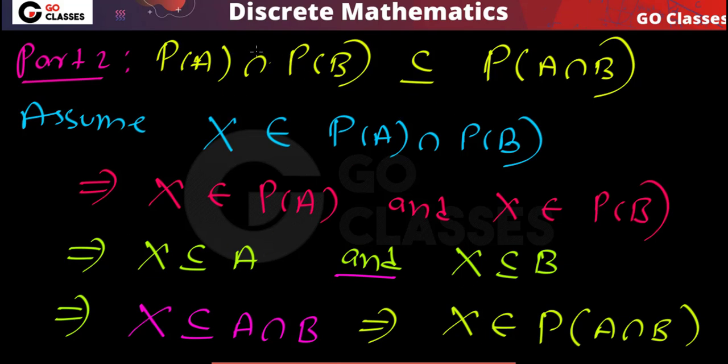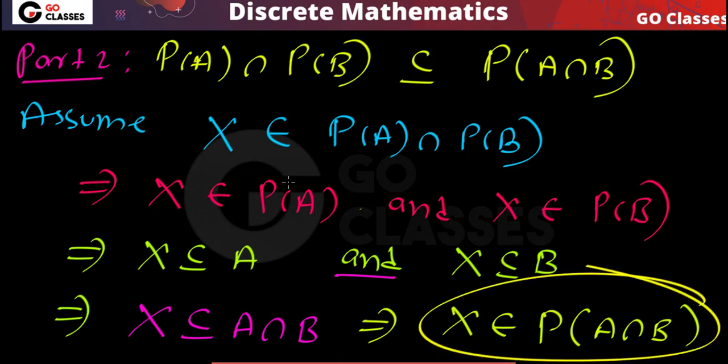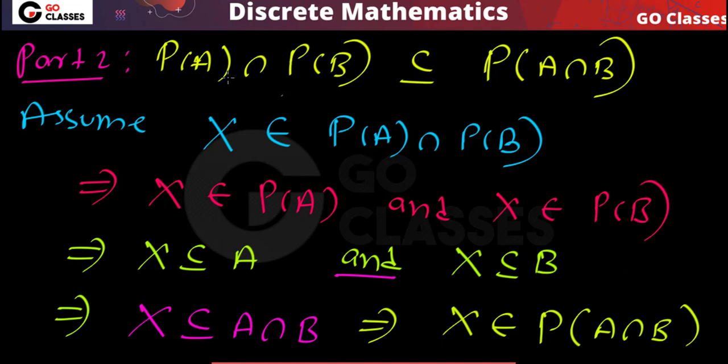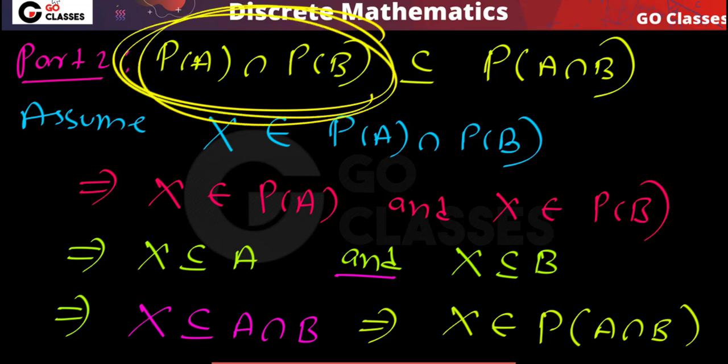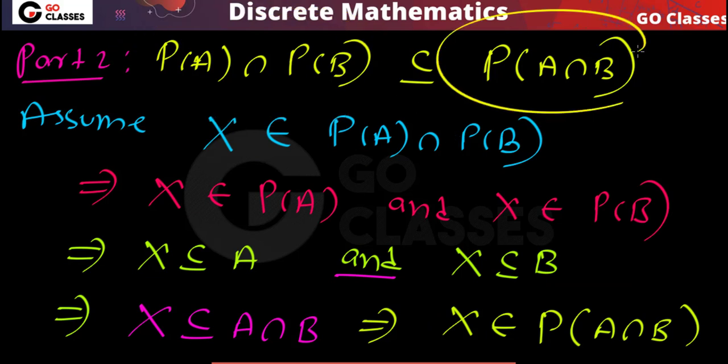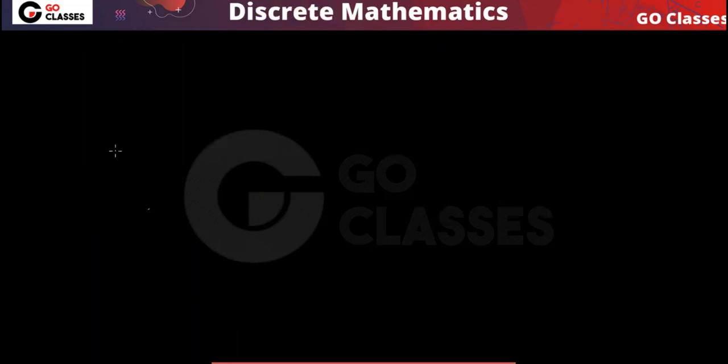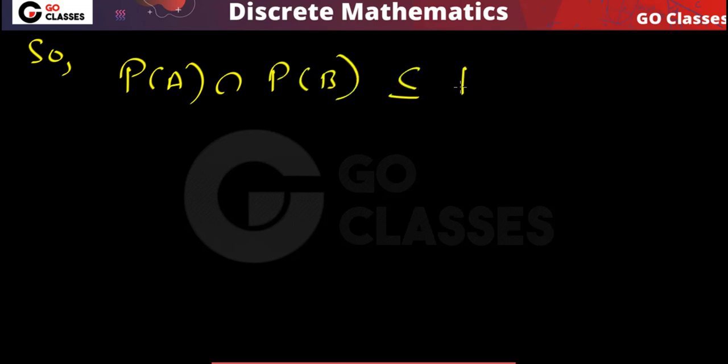You can notice we are assuming that x belongs to LHS, and now I can say that x belongs to RHS also. So for every element, if any element belongs to this set, then it also belongs to this set. So we have proven that power set of A intersection power set of B is a subset of power set of A intersection B.